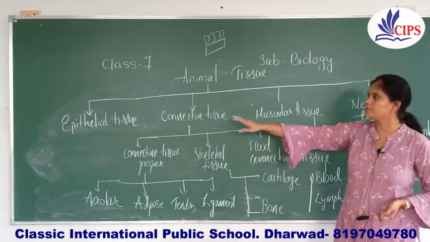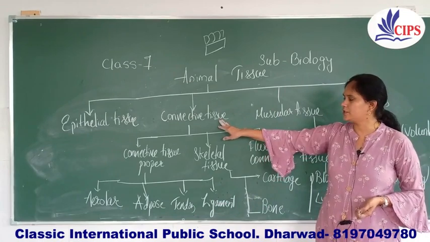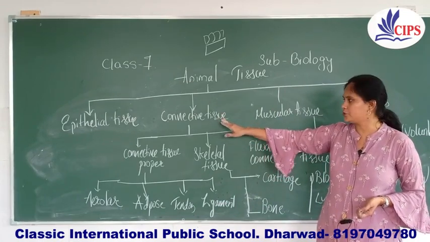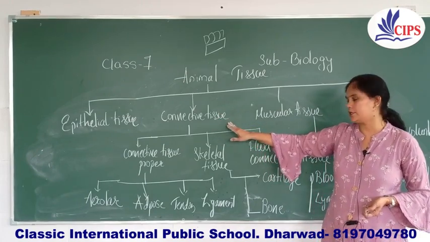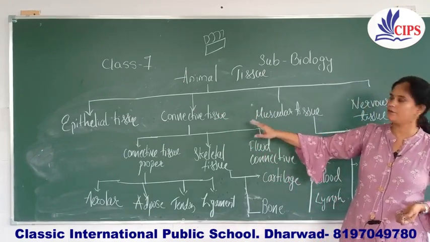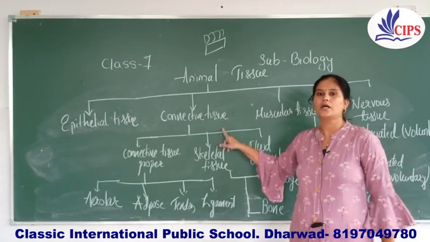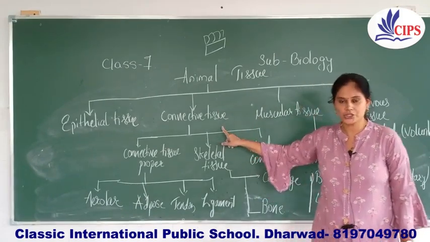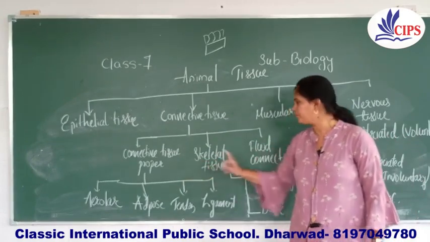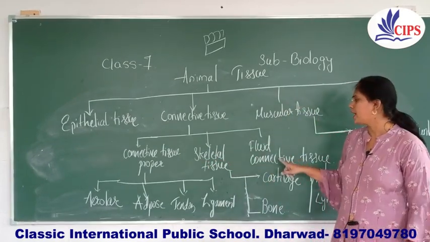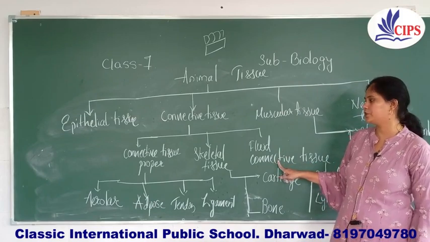See, one more time, the connective tissues generally connect one tissue to other tissues, and are also called joining tissue. More than 30% of our body weight is due to the connective tissue. These connective tissues are of three types: connective tissue proper, skeletal tissue, and fluid connective tissue.